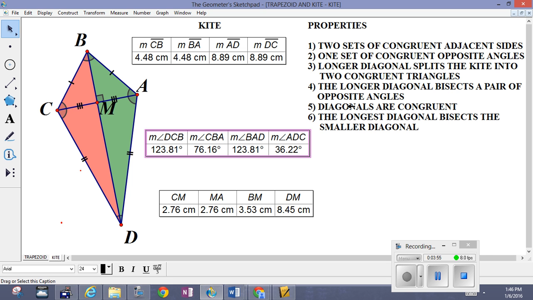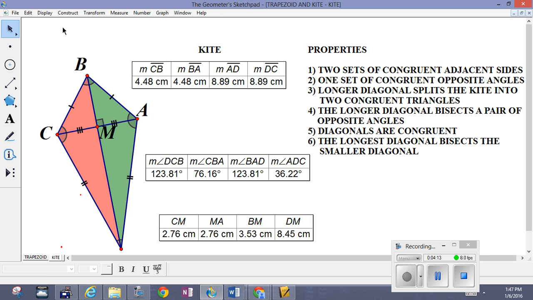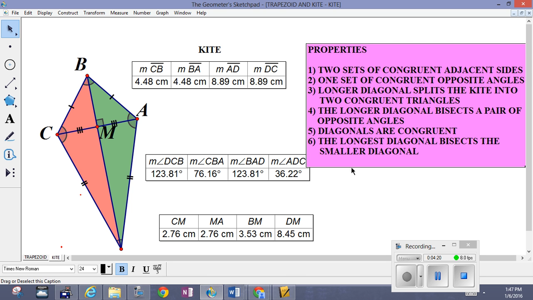So as the properties pertaining to that of a kite, we have, again in summary, by definition, two sets of congruent adjacent sides. Upon drawing the diagonal BD, we realized the property here, which I have labeled as property 3, it doesn't really matter the order, that the longer diagonal splits the kite into two congruent triangles.